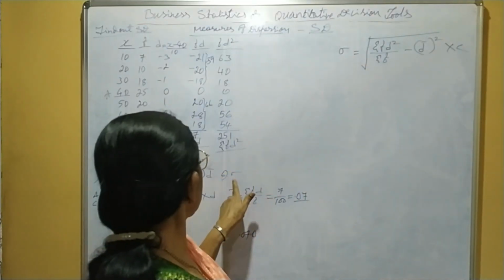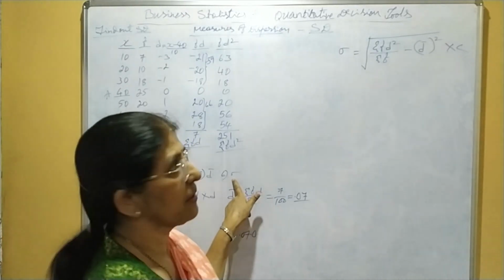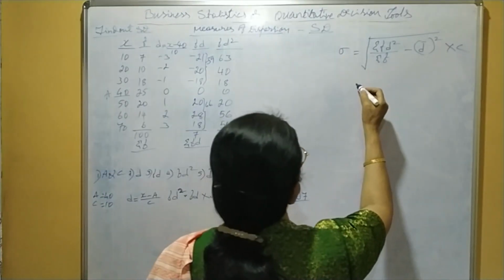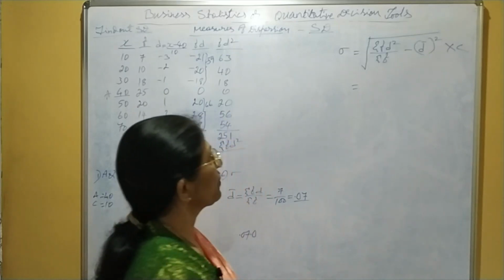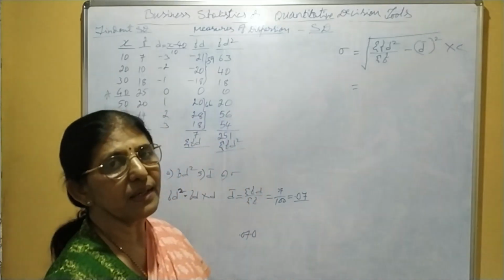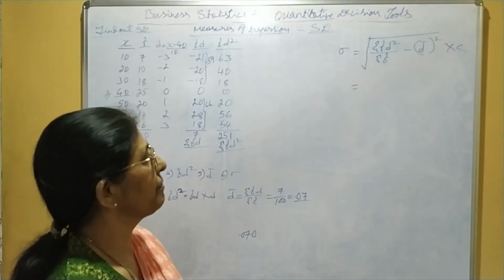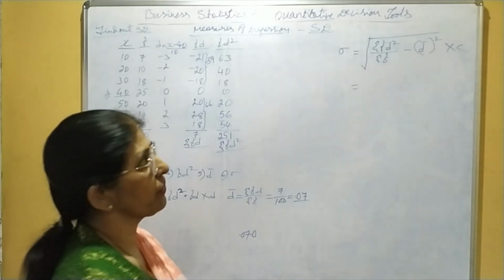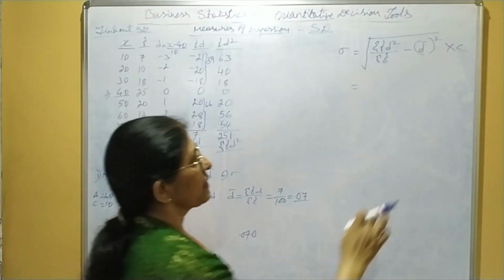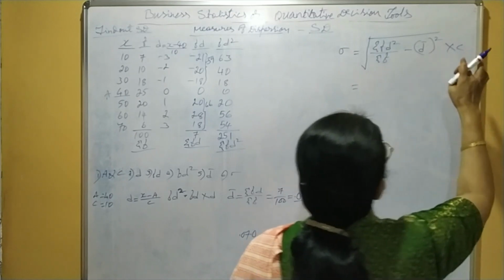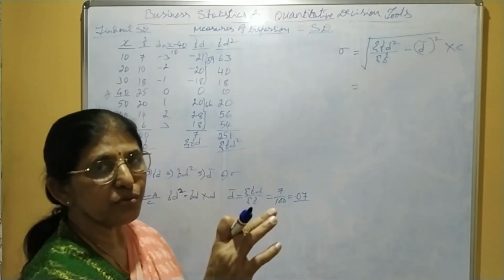Now, sixth step is standard deviation. Now, take this formula. Standard deviation equals square root of sigma fd square divided by sigma f minus d bar whole square into c. This c must be outside the square root.